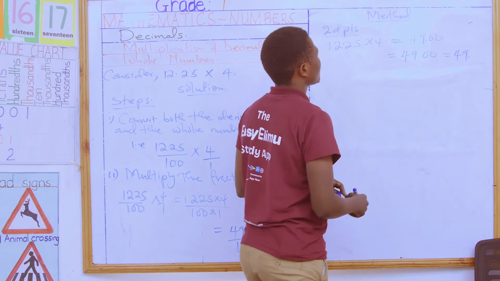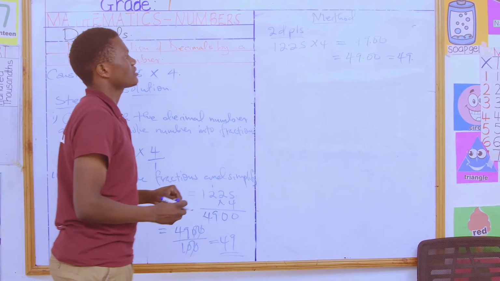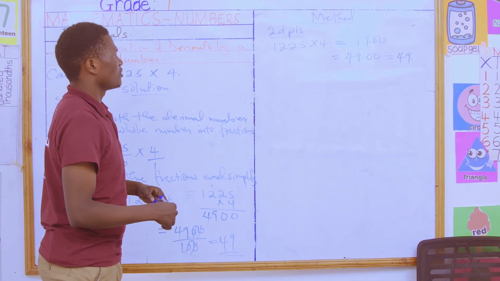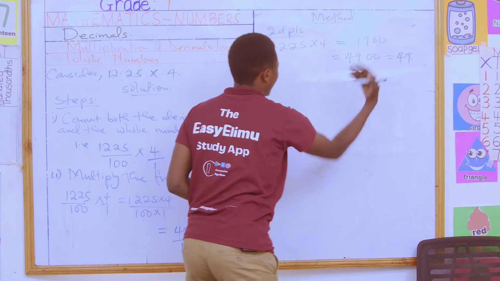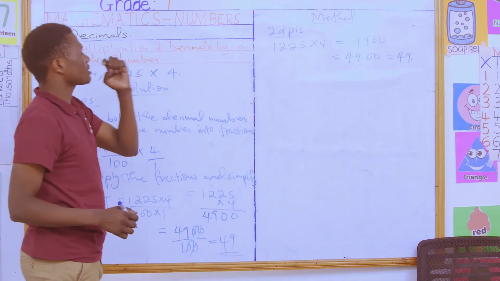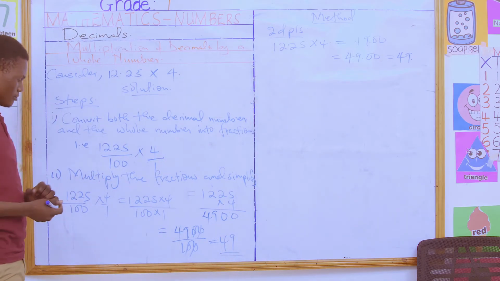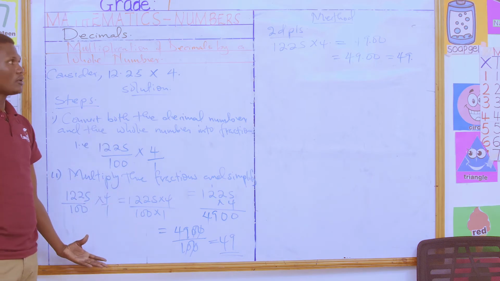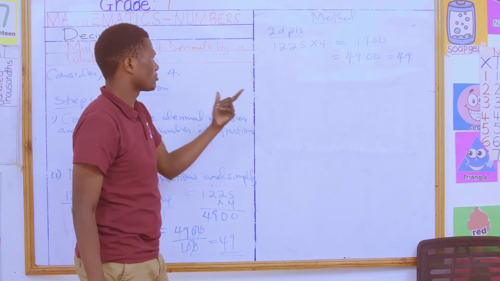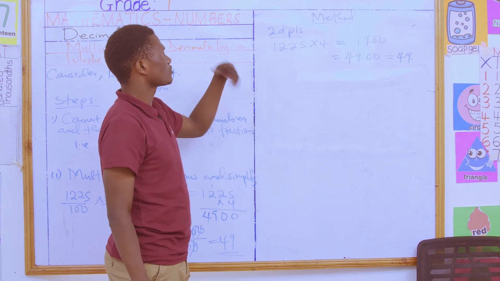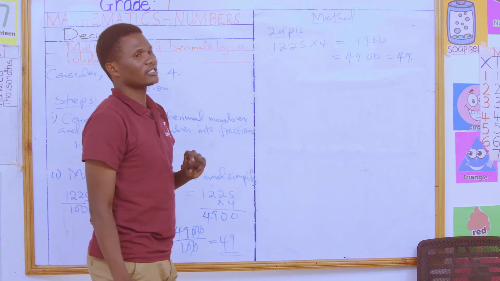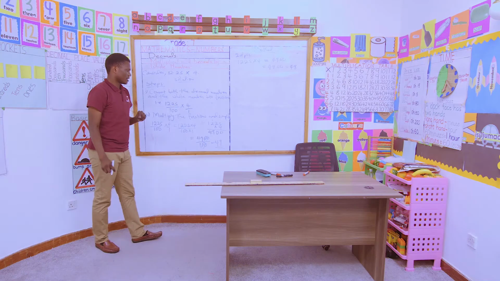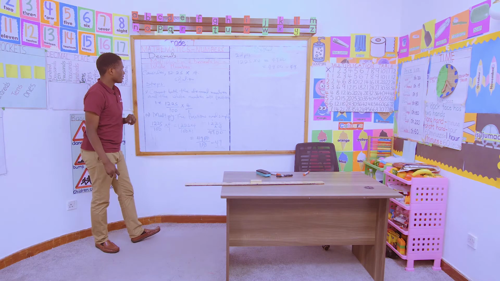Unless you have been asked to write it to 2 decimal places, these are the same thing. So that is another way you can go about, but in most cases, I will advise you to follow the other method. Because if you are not keen on the number of decimal places, and you do not know how to put back the decimal places in your product, then you might not get it right.